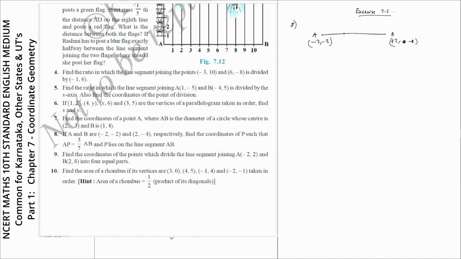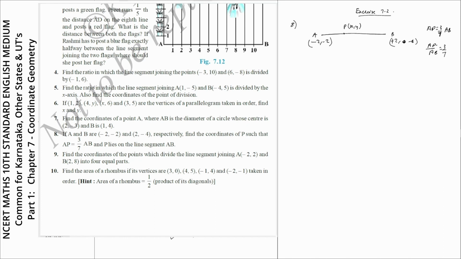So I should find a point P(x, y) on AB such that AP is equal to 3/7 times AB. When I cross multiply AP by AB, I will get 3 by 7.